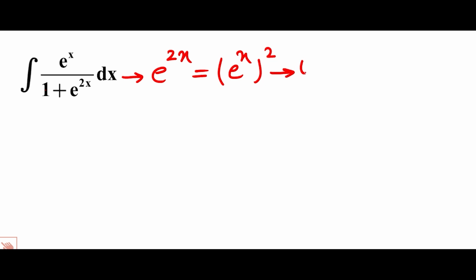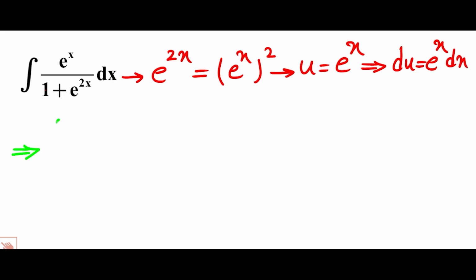Let u equals e to the x. So if we take the derivative of both sides, we have du equals e to the x dx. So our integral becomes du over 1 plus u squared, since e to the 2x equals u squared.